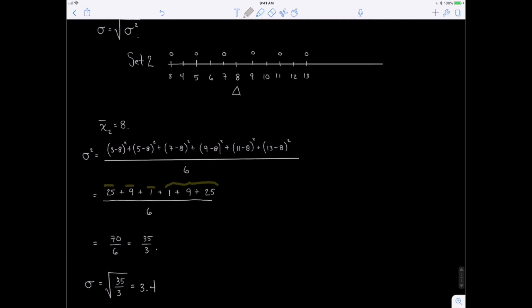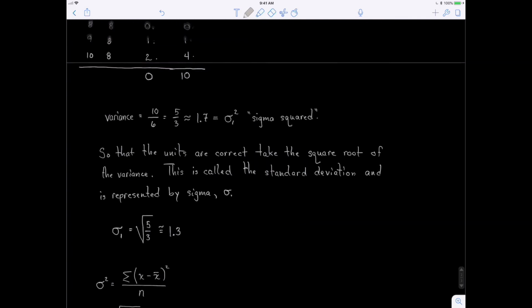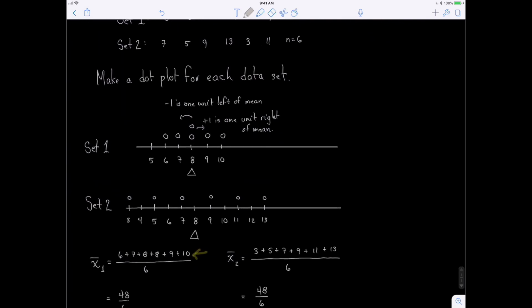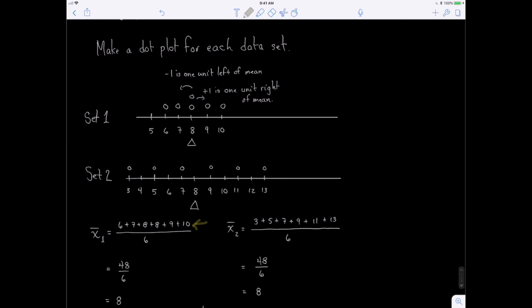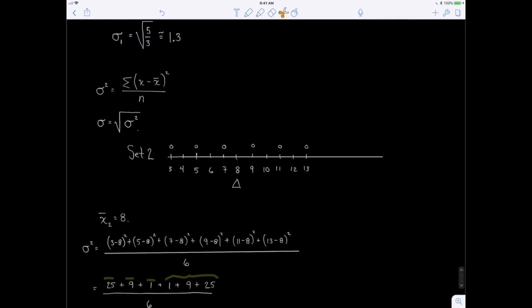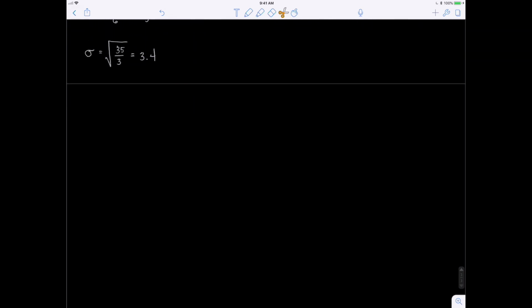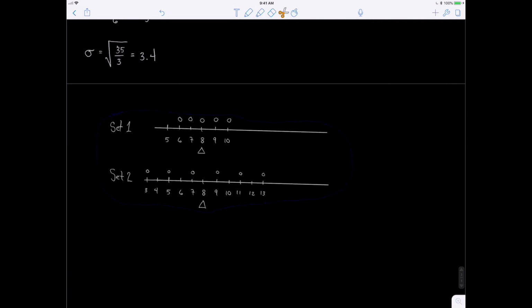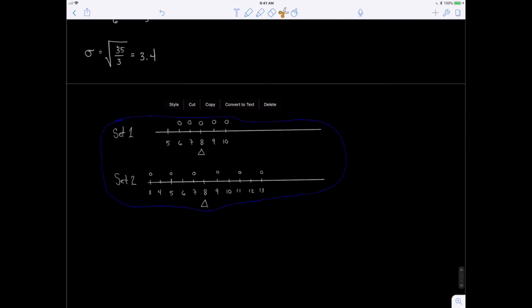Well, let's go back to where we began at the very beginning. I'm going to return to the top, and I'm going to bring this down because I think it'll be easier to compare this way. So what have we found?